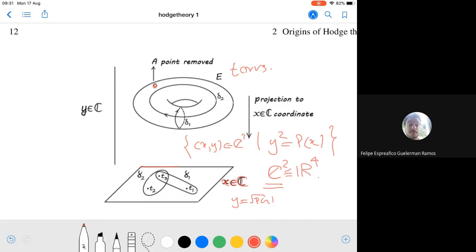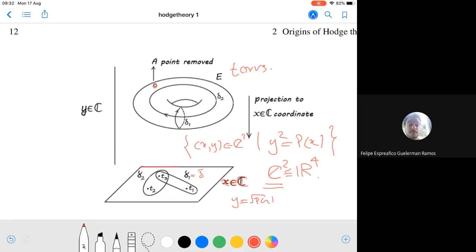I had 3 roots: T1, T3, T2, and I was making passes around 2 roots, and then integrating over this. I call this delta tilde. In the picture I have put it as gamma 1 and gamma 2.